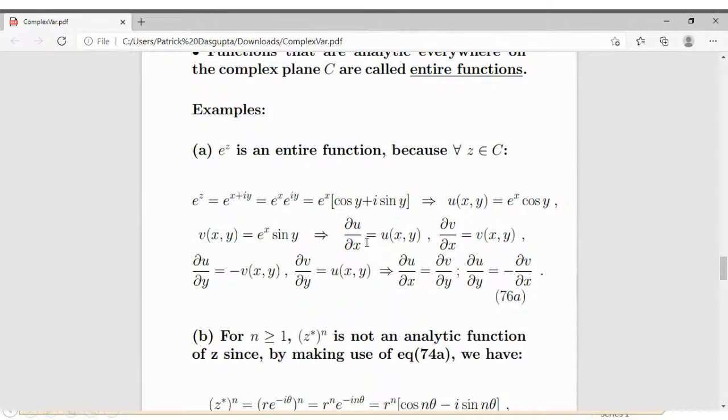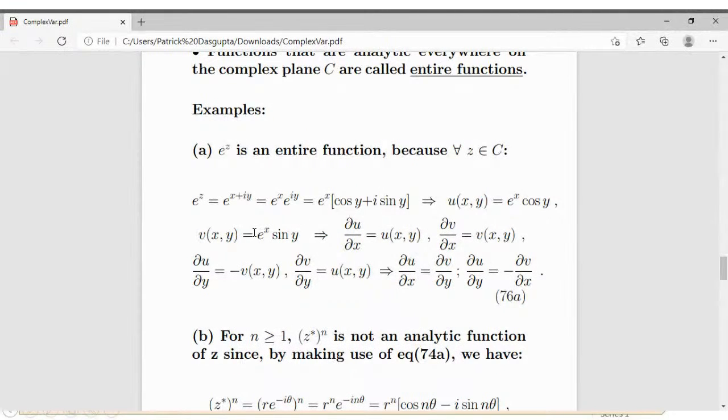So now the partial derivative del u by del x, of e raised to power x cos y: cos y doesn't depend upon x, so e raised to power x only depends upon x. So therefore del u by del x will be del e^x by del x into cos y, but del e^x by del x is e^x itself. In other words, del u by del x is u of x comma y.